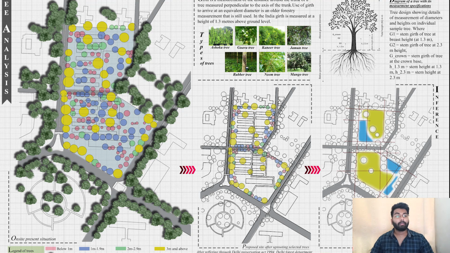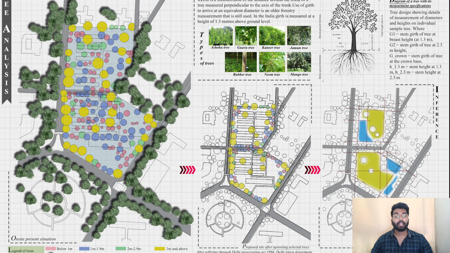On the top left hand side of the sheet we have got a diagram of a tree with its measurement and specifications, to know what the girth size of the tree is and how it matters toward the uprooting of the trees or chopping the existing matured or immature trees.